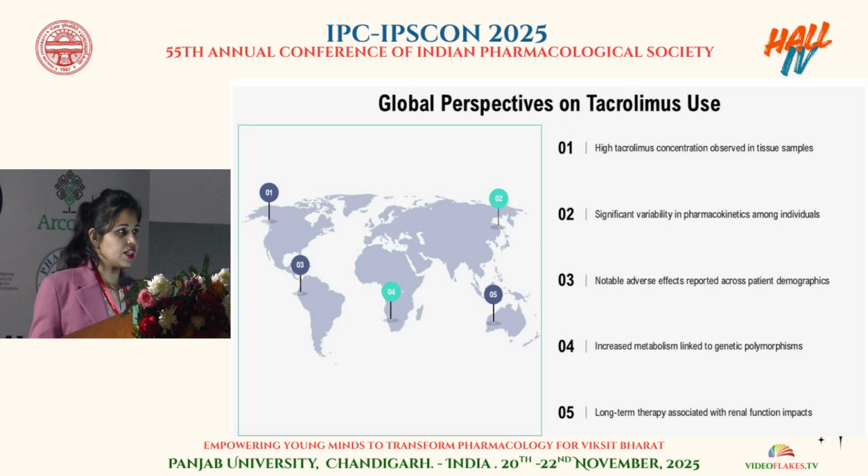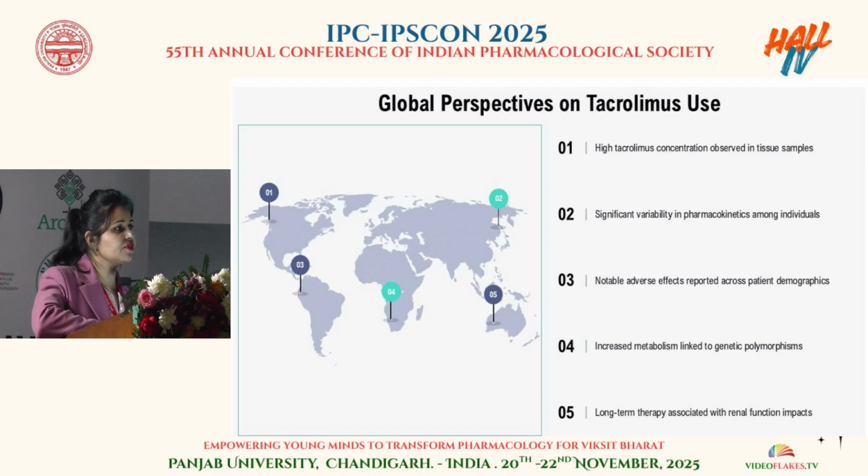This slide shows the global perspectives on tacrolimus use. Tacrolimus is widely used in transplant patients because of its high potency, throughout the world. But it has two major challenges.